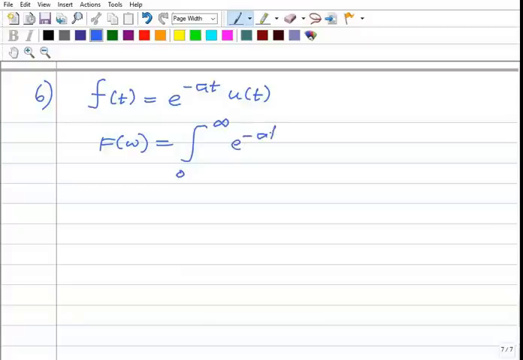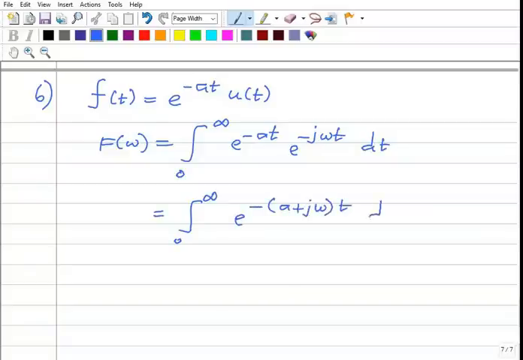E power minus at, and the formula itself contains e power minus j omega t. Let me combine these two exponentials. Integral 0 to infinity e power minus a plus j omega into t dt.